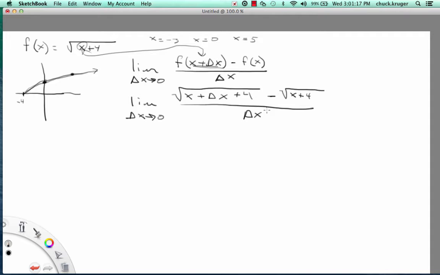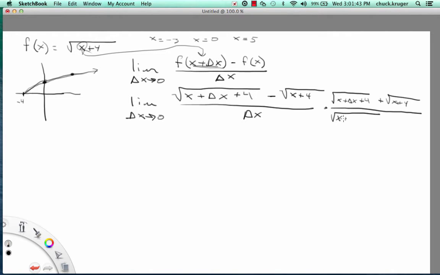Well, one of the techniques you learned from a previous chapter is when you have square roots like this, to multiply by their conjugates. So the conjugate that I'm going to multiply the top and bottom by is going to be the square root of x plus delta x plus 4 plus the square root of x plus 4. And I'm going to do the same type of thing on the bottom.